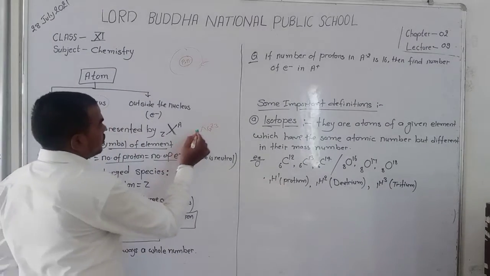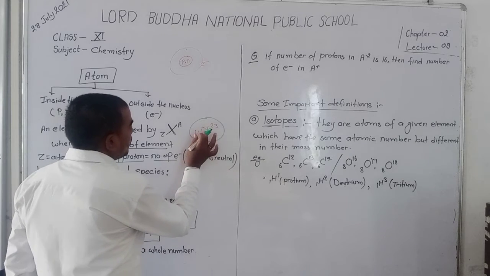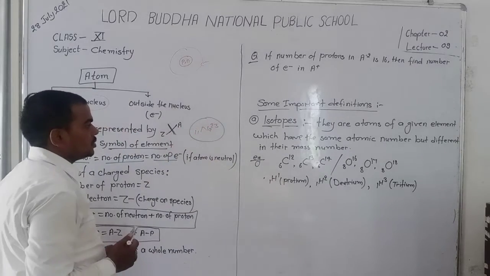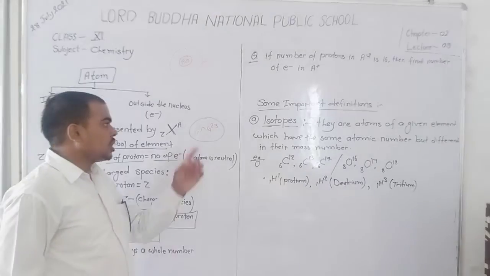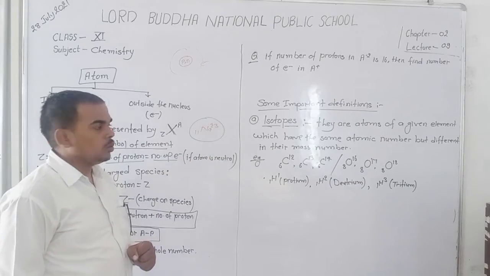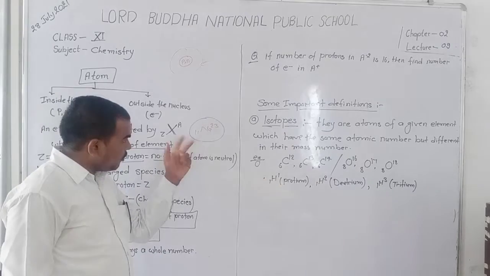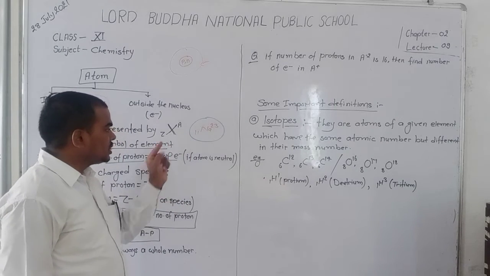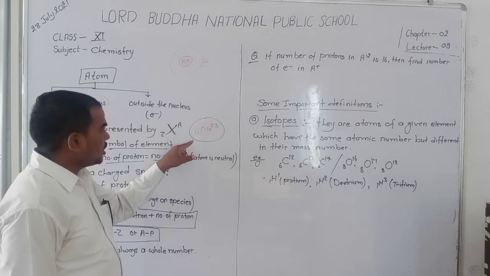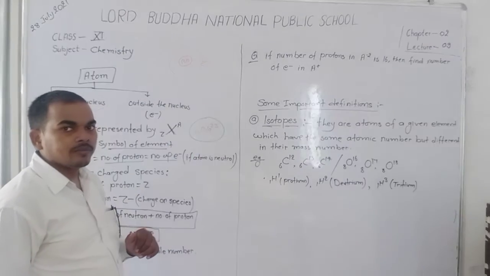In this symbol, we observe that sodium does not have any charge, so we say sodium is neutral. Therefore, in this case, the number of protons and the number of electrons are similar.